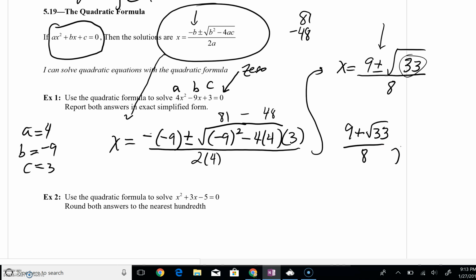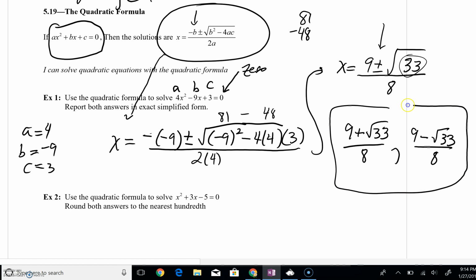Now you might think you have to retype this, but do an electronic copy and paste. Copy this thing you just typed out, paste it in, it will look exactly the same, just change the plus to a minus. It's a time saver. Alg2 will allow you to type in one whole fraction as your solution. There are two answers, and they look like this.